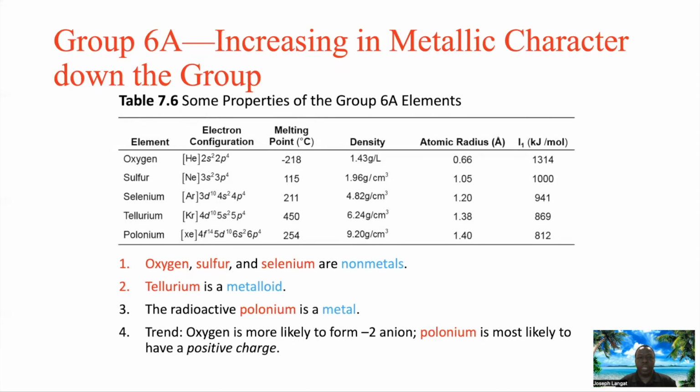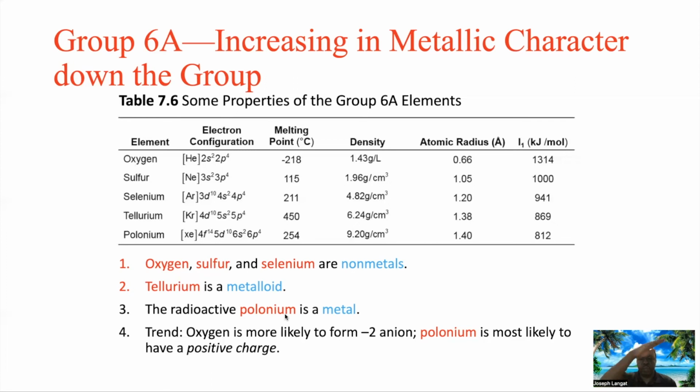Now group 6A, the oxygen group. All right, metallic character increases down a group. Oxygen, sulfur, and selenium are non-metals, but tellurium is a metalloid, and polonium is a radioactive metal.